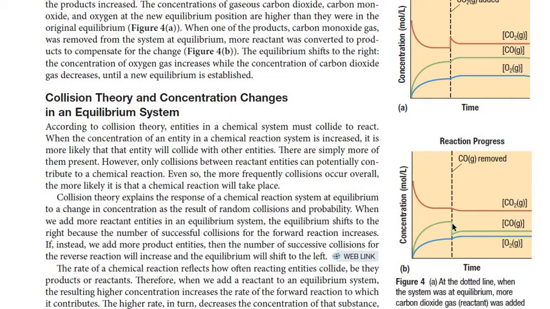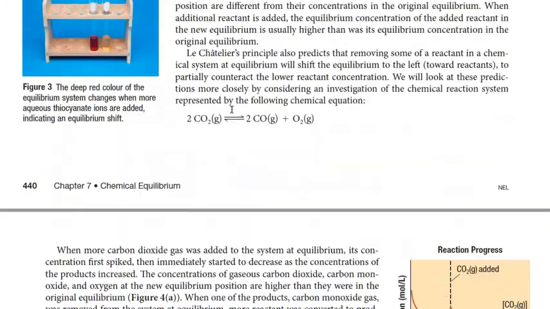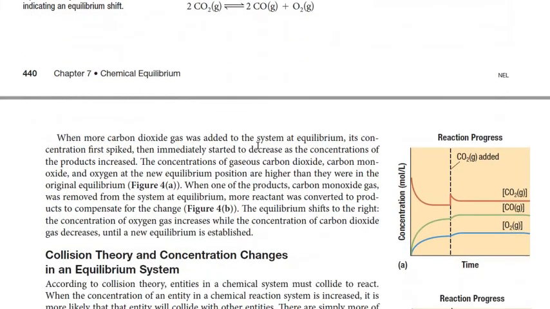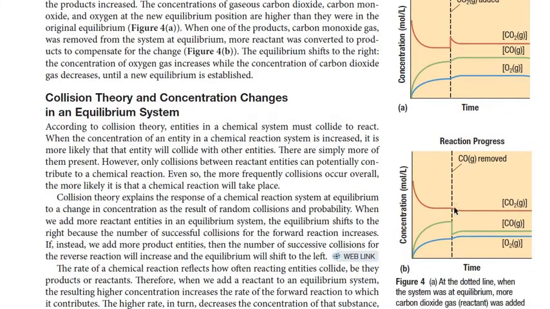So as you see here, when the concentration of this one drops, the reaction is going to shift to the right side. So more products are produced and we have less of the reverse reaction. That's why we have a reduction in CO2 concentration, and we have a concentration increase for CO and O2.